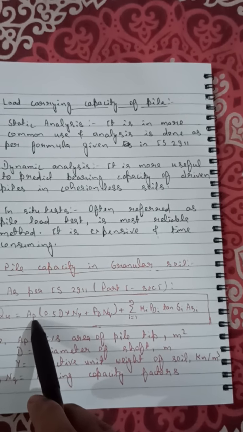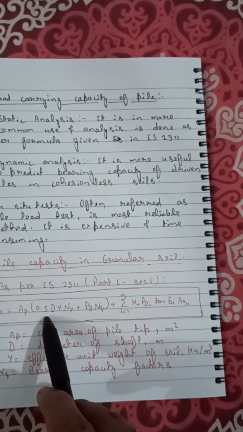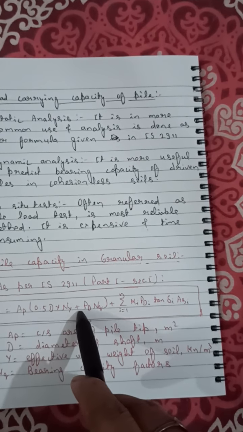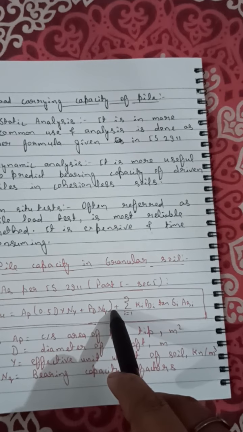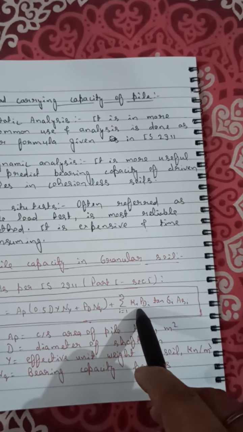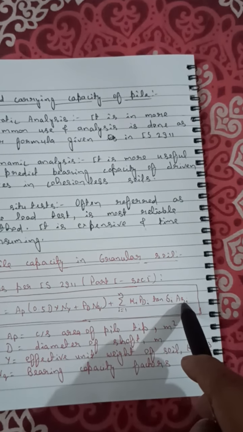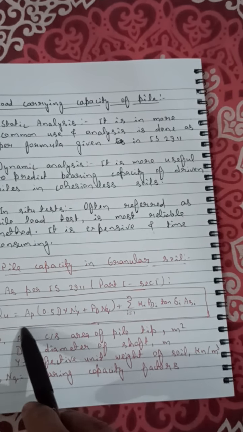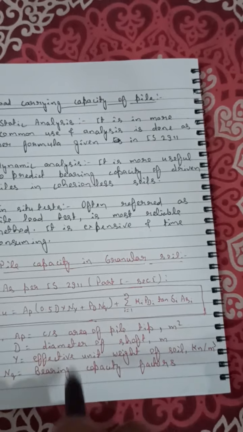The formula is QU = AP (0.5 D gamma N gamma + PD NQ) + sigma from i = 1 to n of Ki PDi tan delta i ASi. So let's see what these different terms mean.